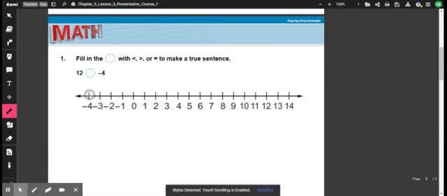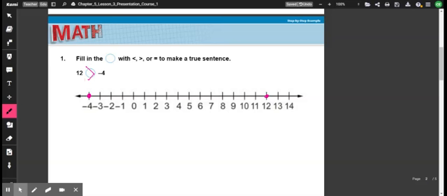If I look here at negative 4 and then positive 12, which one am I going to have more of? Think of it this way: would you rather have $12 or owe someone $4? In my opinion, I would rather have $12.